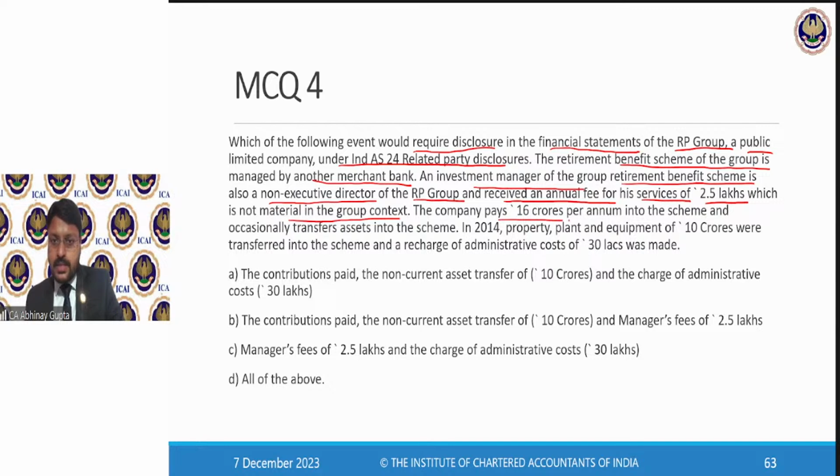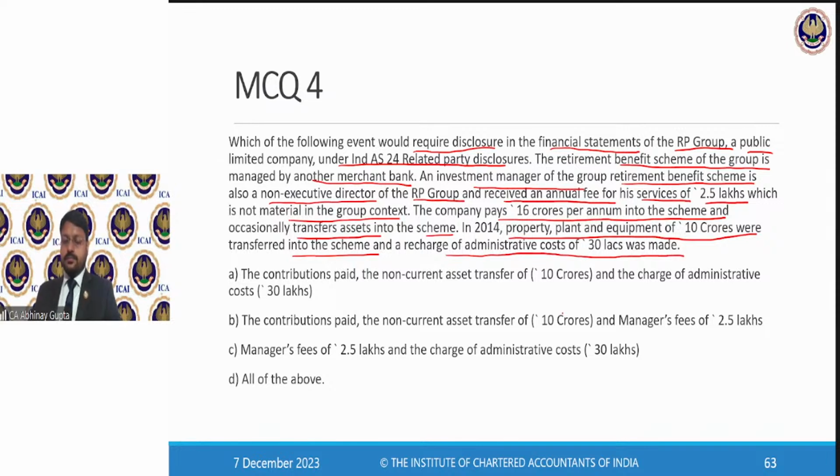The company pays 16 crores per annum to the scheme and occasionally transfers assets into the scheme. So 16 crores is the annual contribution the company is depositing in that retirement scheme plan. In 2014, property, plant and equipment worth rupees 10 crore were also transferred into the scheme, and a recharge of administrative cost of 30 lakhs was made.